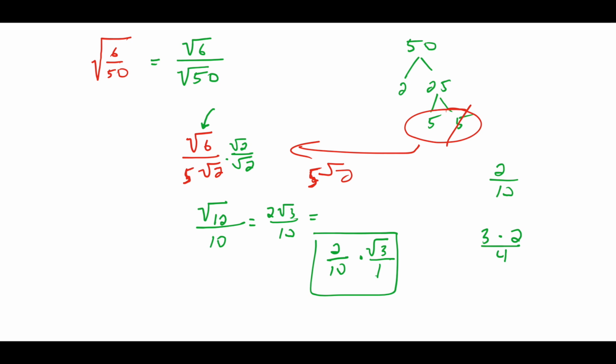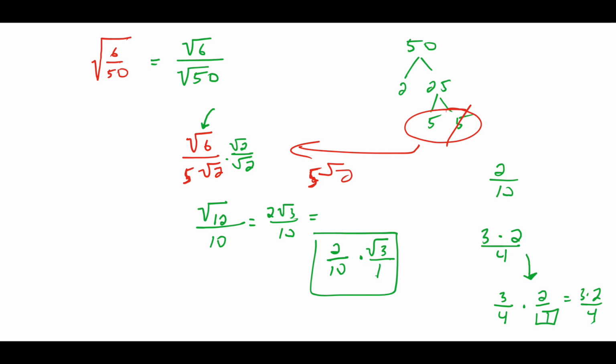How would I do that? It would be 3 over 4 times 2 over something that gives me 4. What would go in here so that when I multiply across, I end up with 3 times 2 over 4? 1. So I can split this up into this.